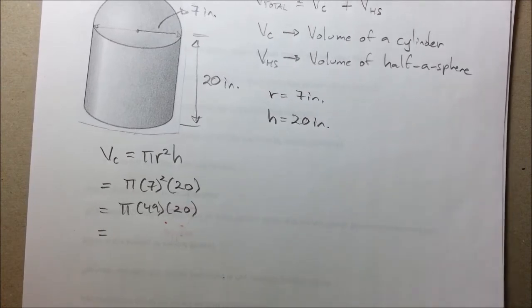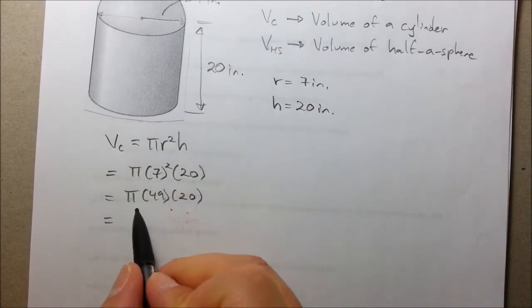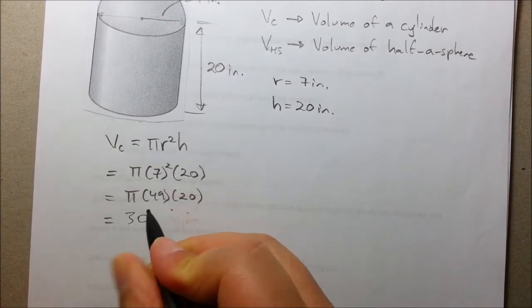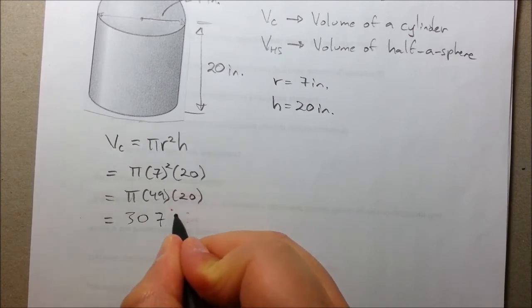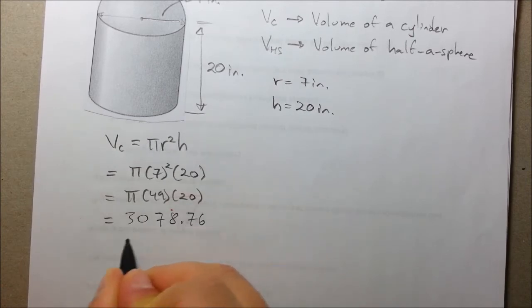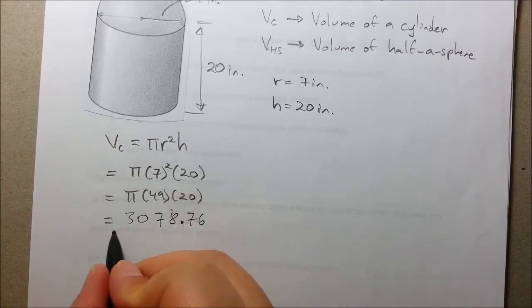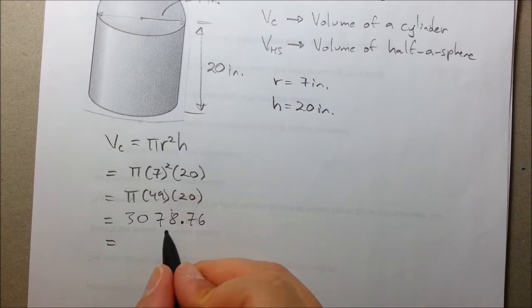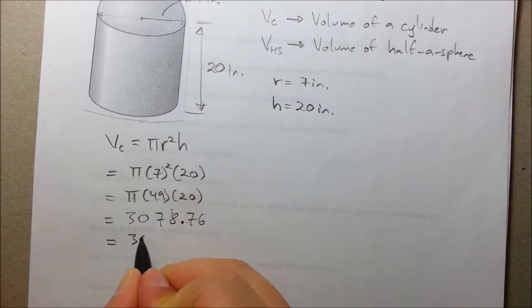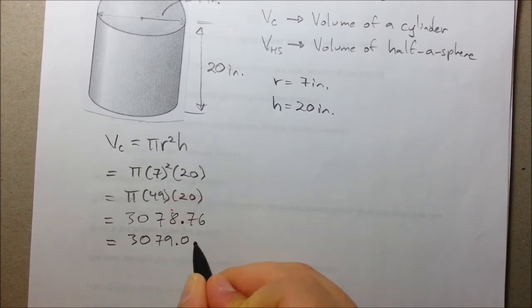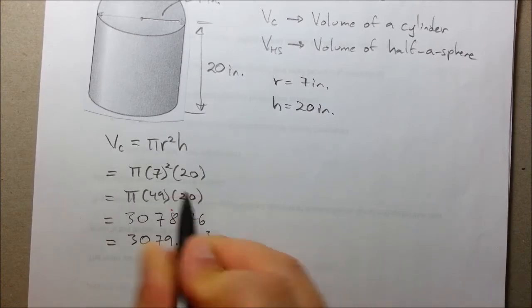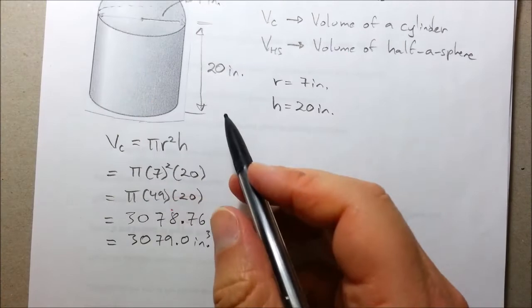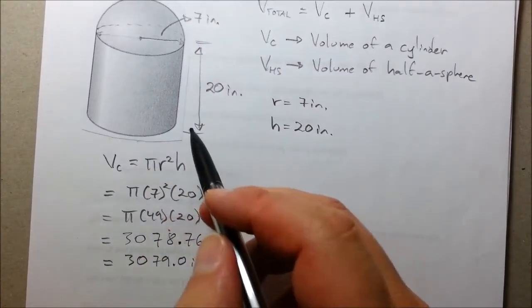When we multiply these three in the calculator, I'm getting 3,078.76, and if I round it up, it's equal to 3,079.0 inches cubed. Okay, so we have the volume of the cylinder, this part over here. Let me see if I can draw it nicely so that it's more evident. Anyways, it's there. I hope you can see it.